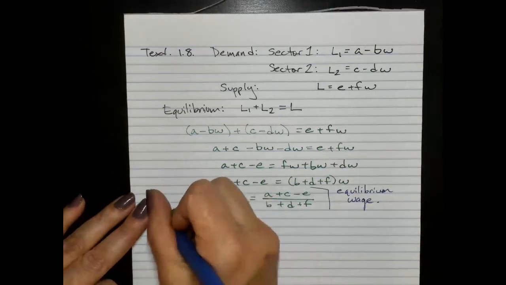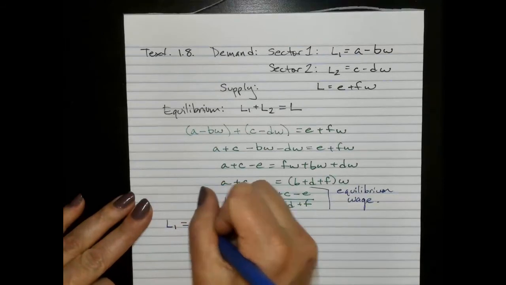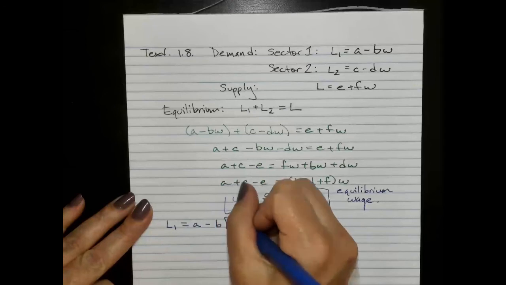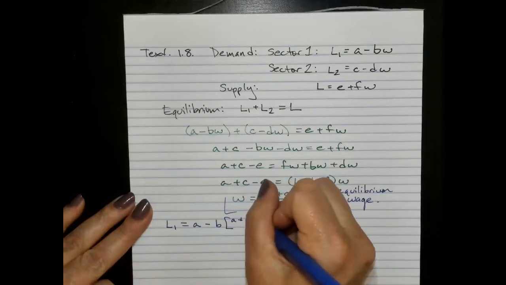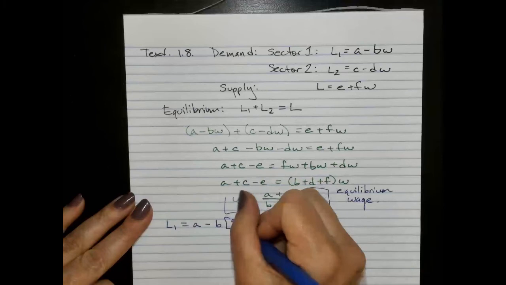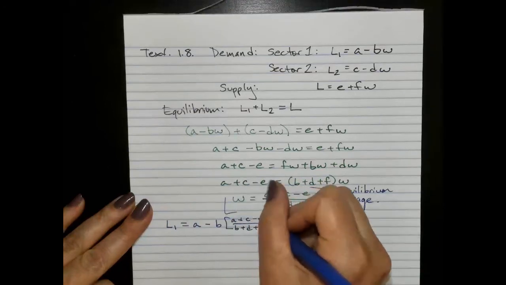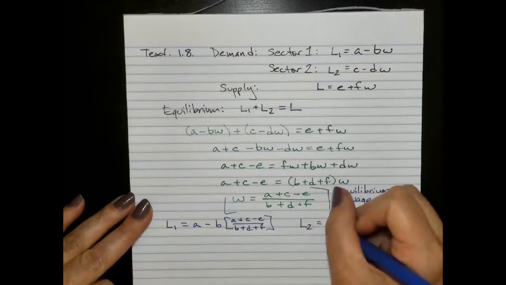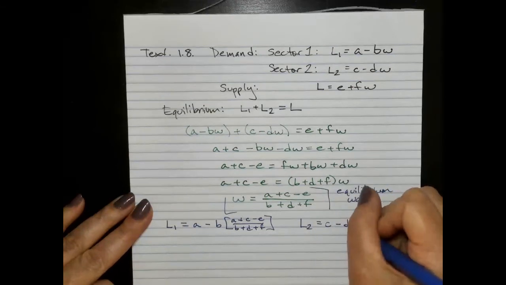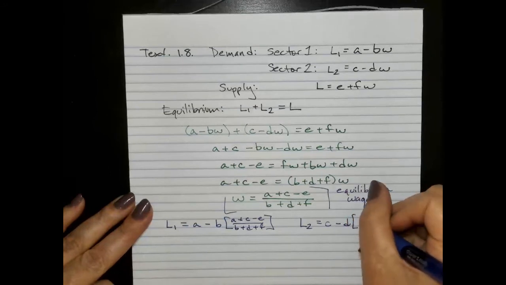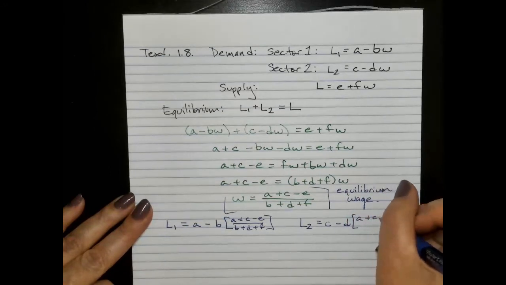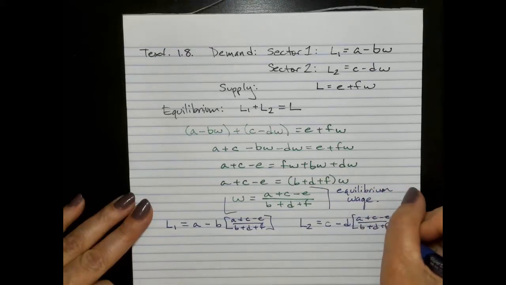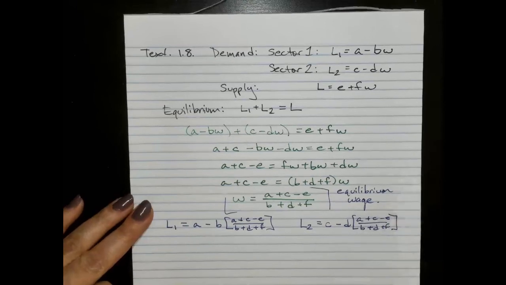And so what we would get there is L1 equals A minus B times this wage, A plus C minus E over B plus D plus F. L2, labor demand in the second sector, is going to be C minus D times A plus C minus E over B plus D plus F. So far, so good.